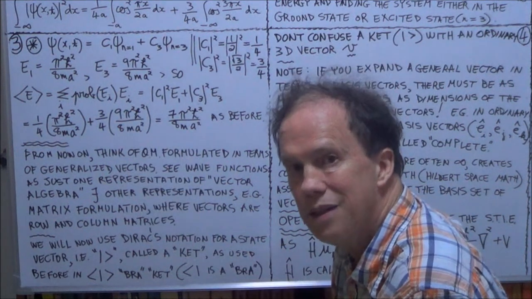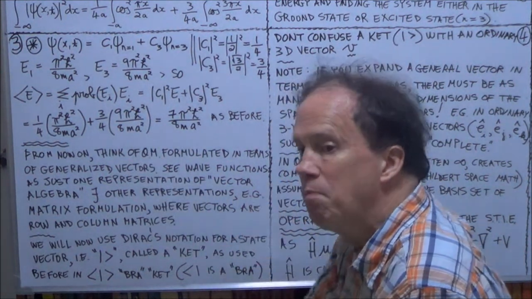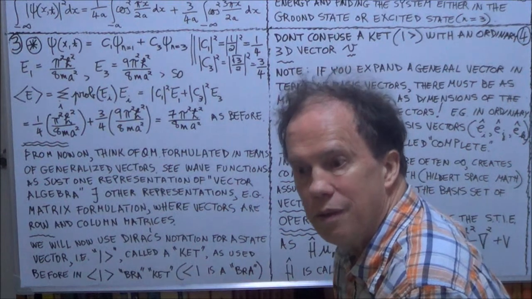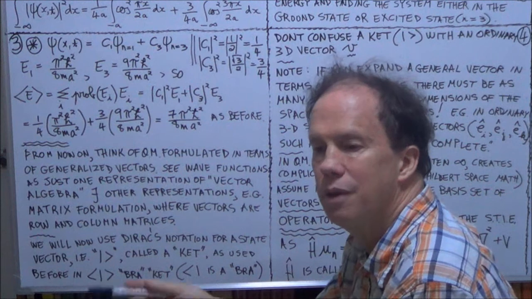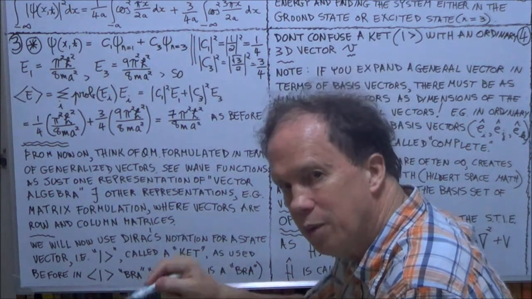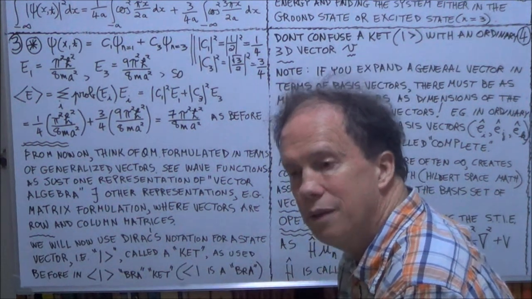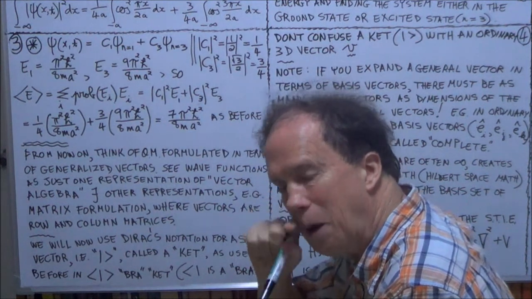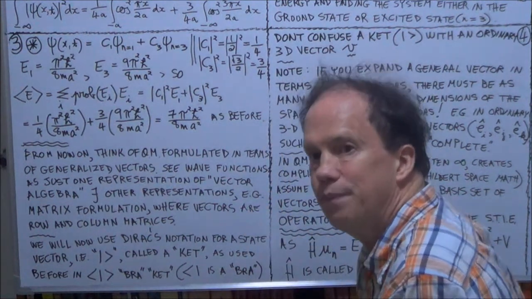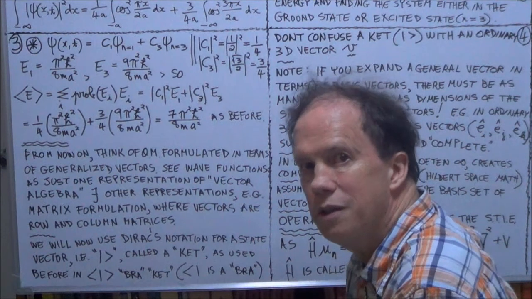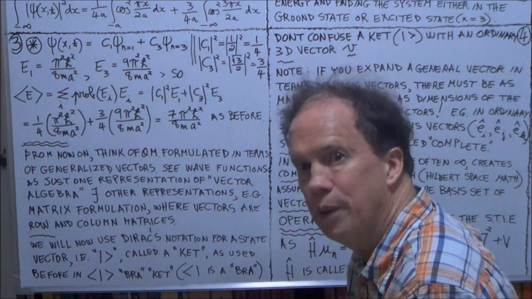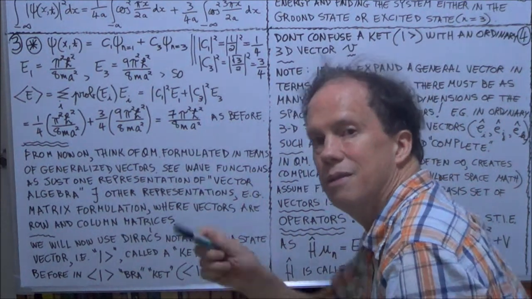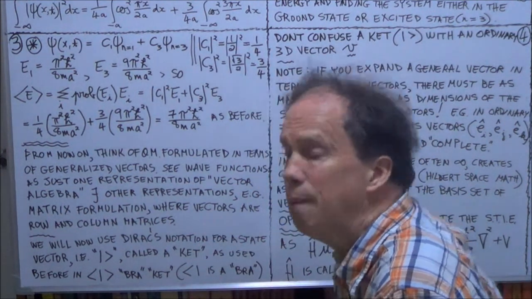That doesn't make sense with probabilities, where the probability of some result has to be certain, and therefore the sum of all those squares has to be 1. So don't forget to normalize the superposed wave function you're starting with, otherwise all this talk of probability doesn't make any sense. I hope you see the logic of that.